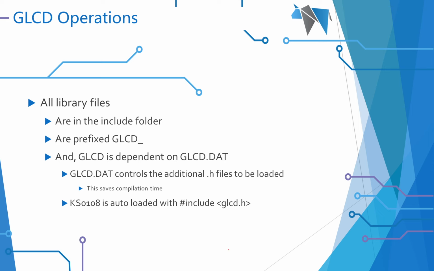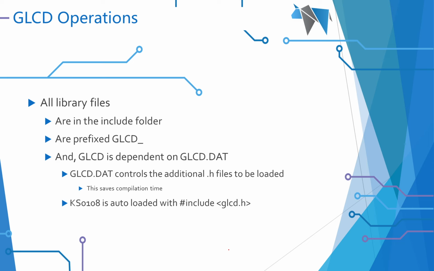All these library files of these GLCDs have a prefix of GLCD underscore. I think there must be 40 of them. And all the GLCD operations are dependent upon that file called glcd.dat, and they control which additional .h files are loaded in.